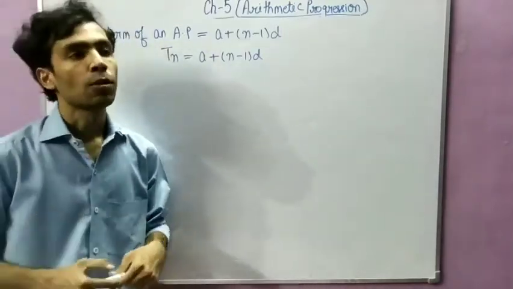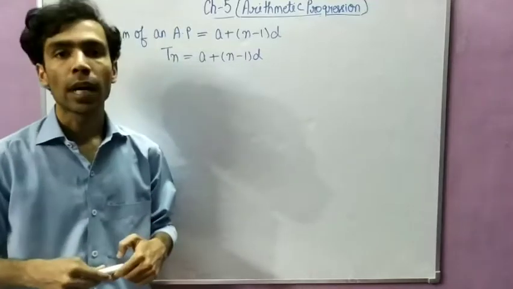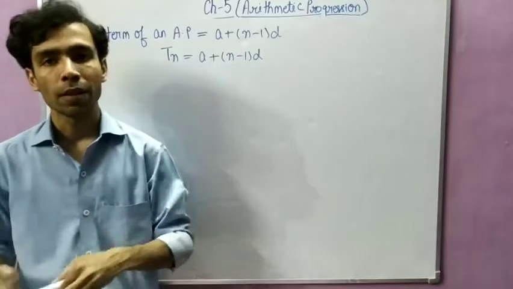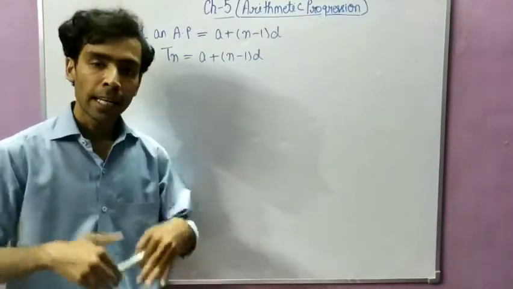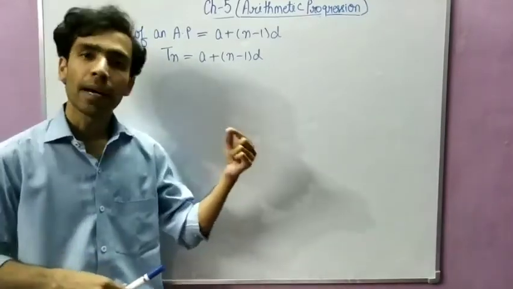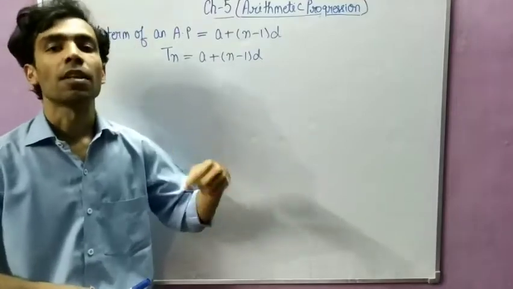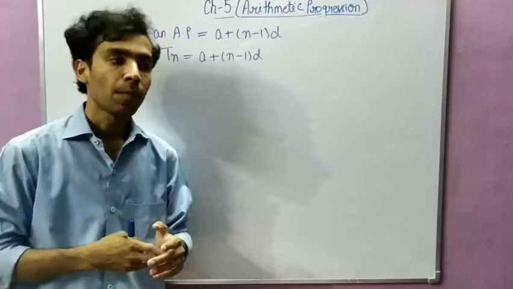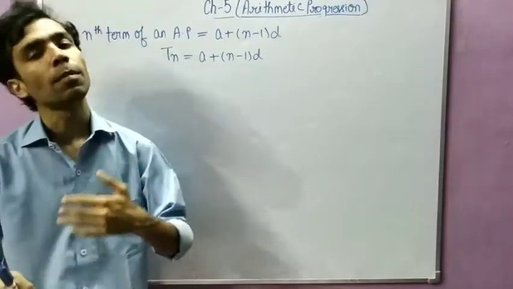In that part, I also told you how to write a particular term with the help of the first term and the common difference. In an AP, the first term is represented by A and the common difference is represented by D. So with the help of A and D, we can write the second term, third term, fourth term, and so on.